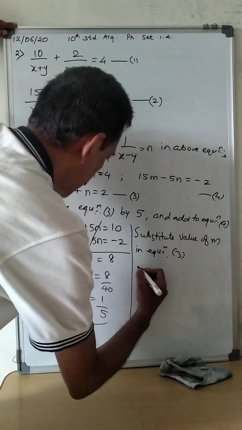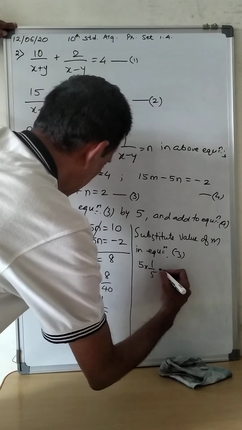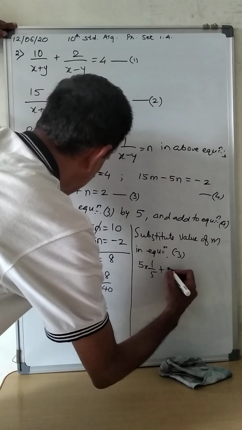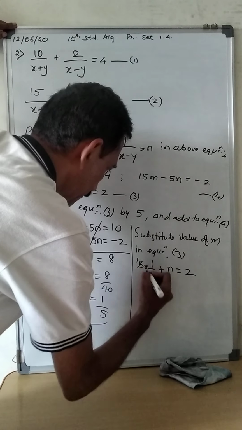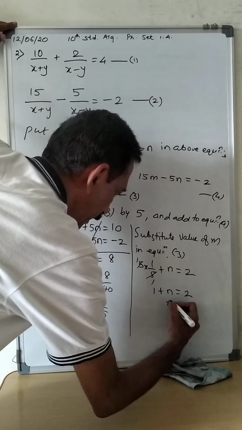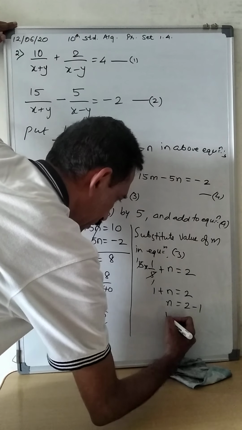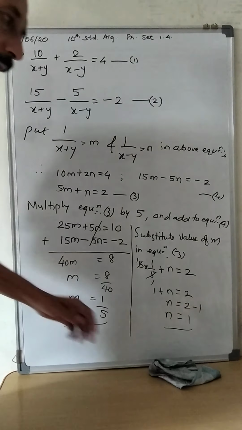So we get 5 into 1 upon 5 plus n is equal to 2. So 5 1s are 5, 1 plus n is equal to 2, n is equal to 2 minus 1, n is equal to 1. So we got m and n.